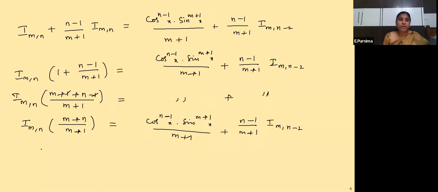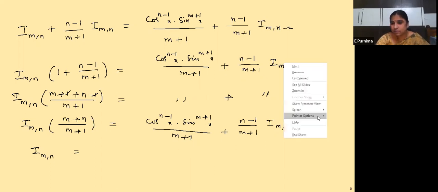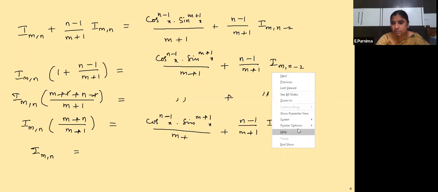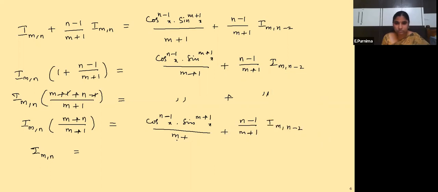Now we need only the I_{m,n} value. So let us send this (m+n)/(m+1) to the other side. It goes to the denominator, children. That means it will be reciprocated. So if you reciprocate that, what happens? m plus 1 is cancelled.